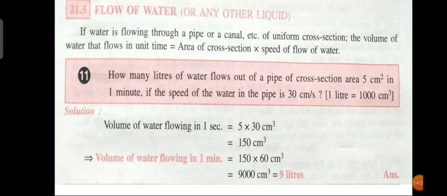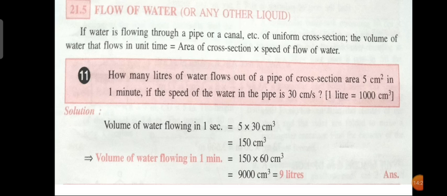How many liters of water flow out of a pipe of cross section area 5 centimeters square in 1 minute if the speed of the water in the pipe is 30 centimeter per second? The speed of the water and the area of cross section of the pipe are given.